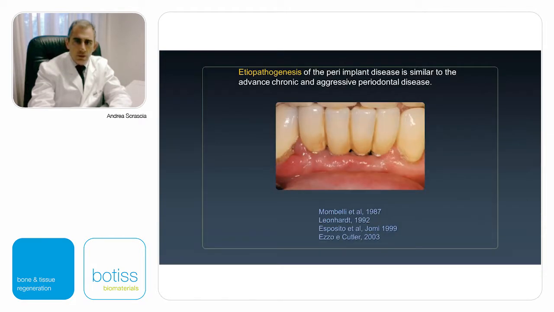So, for periodontal peri-implantitis, we have to remember that the etiopathogenesis of peri-implant disease is similar to advanced chronic and aggressive periodontal disease.